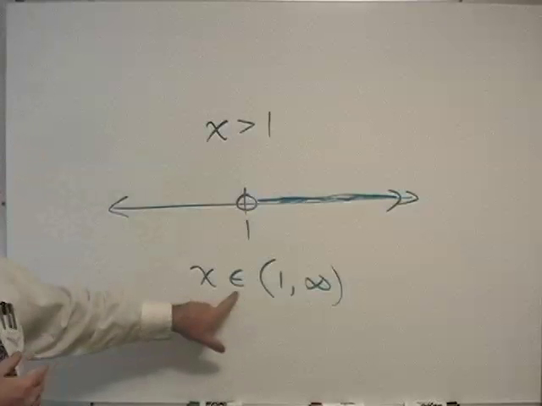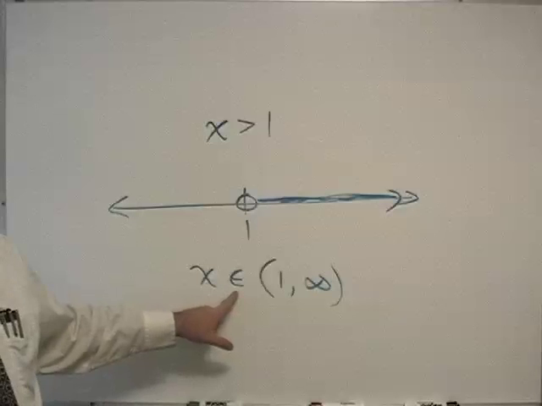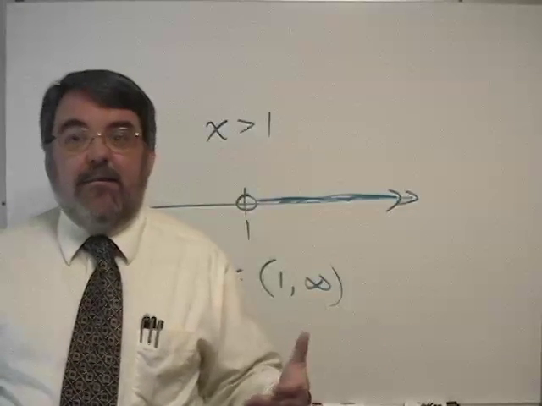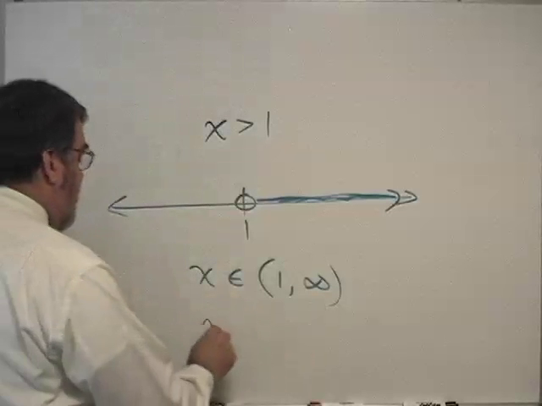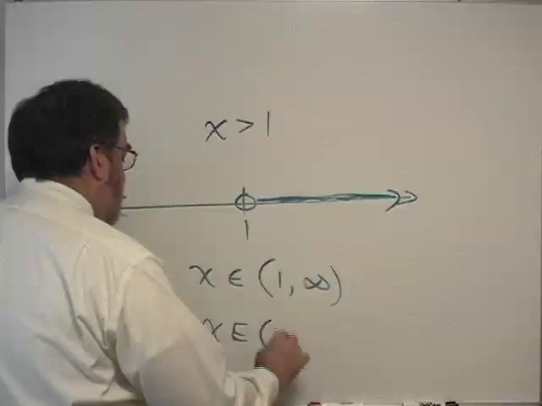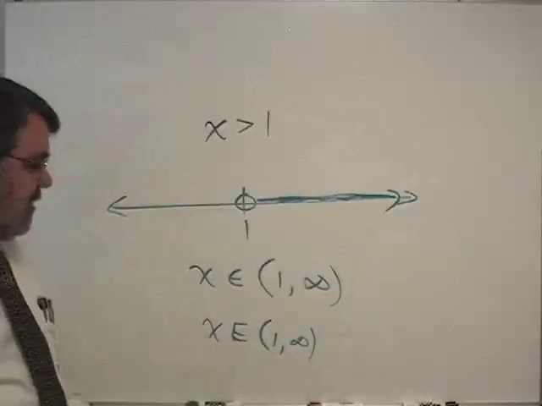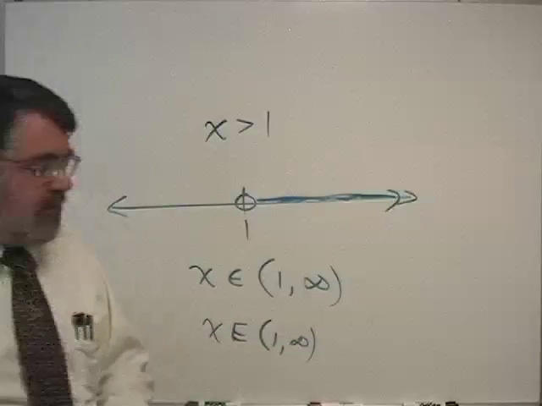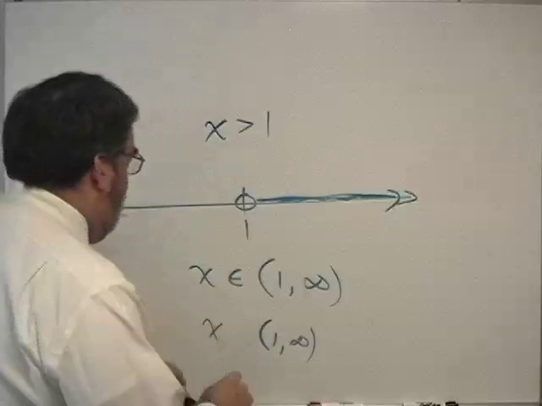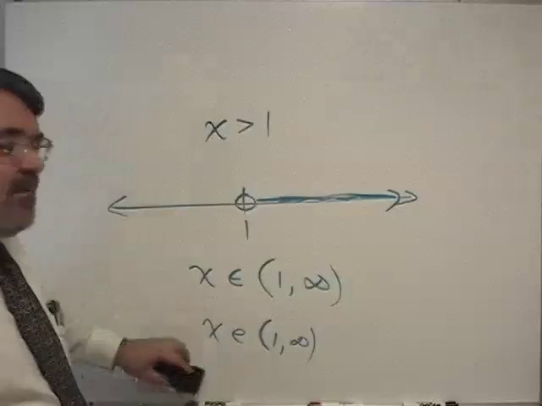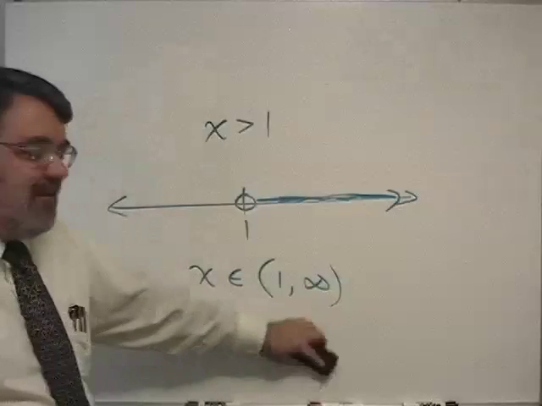This symbol here is the element symbol in mathematics. Please don't write it as an E. This is not the same as x, E, 1 to infinity. Don't do that. And also please don't write another E. It's not E. Trust me.